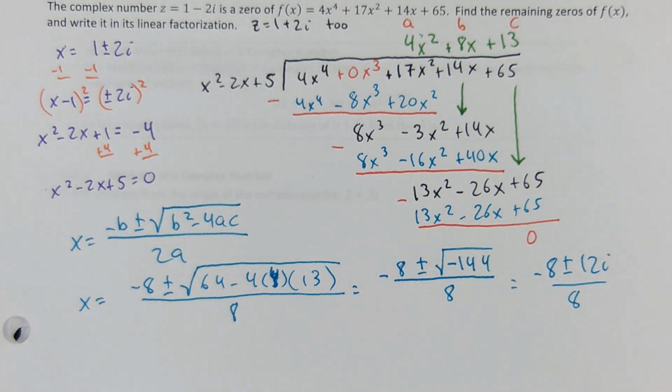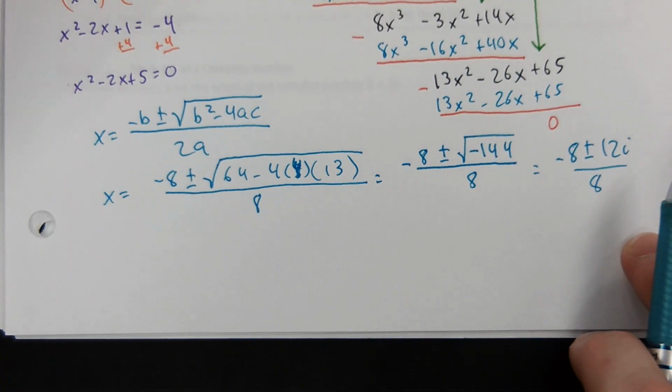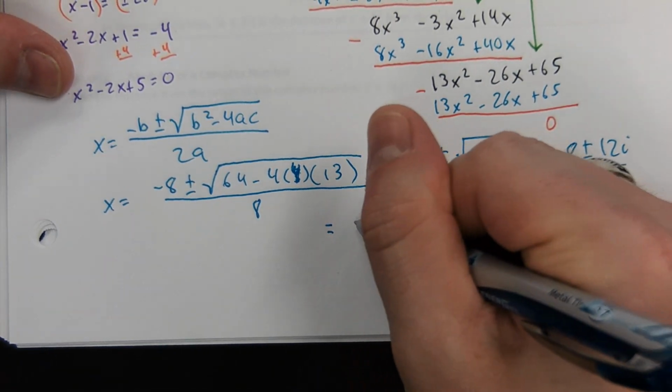When we write out our linear factorization, we actually have to have our complex numbers in standard form, which means we have to separate them into 2 different things. And standard form is a plus bi, which means I can't leave it as negative 8 plus 12i over 8. It actually has to be separated. It's negative 8 over 8 plus or minus 12i over 8.